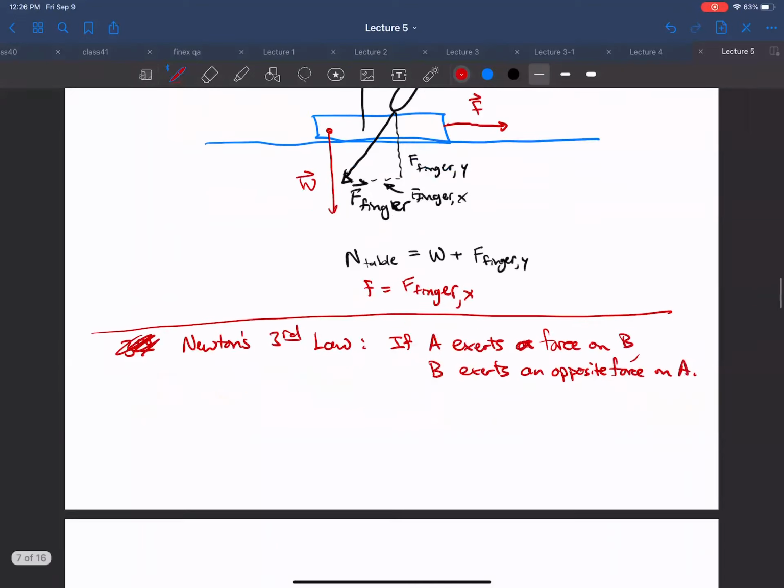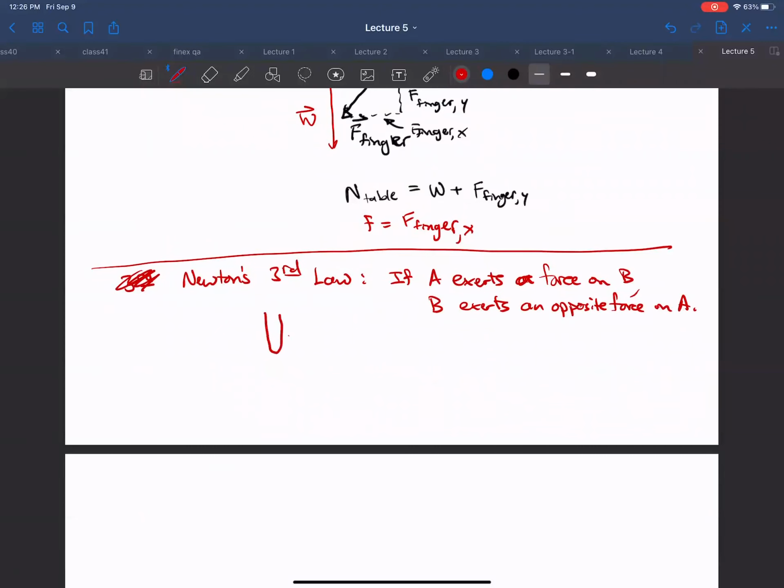So if we were to draw that, here's the finger of one hand, here's the palm of another hand. The force that the finger exerts on the palm, F finger on palm, is opposite to the force that the palm exerts on the finger.